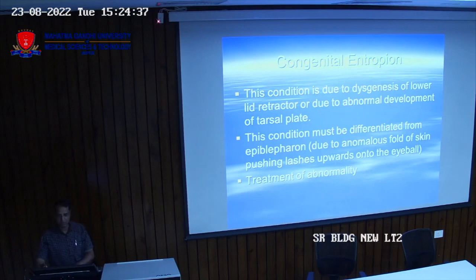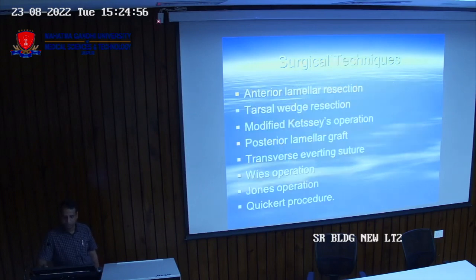Another type is congenital entropion, which is due to dysgenesis of the lower lid retractor or abnormal development of the tarsal plate. It must be differentiated from epiblepharon, which is an anomalous fold of skin pushing lashes upward onto the eyeball. Treatment of abnormality.